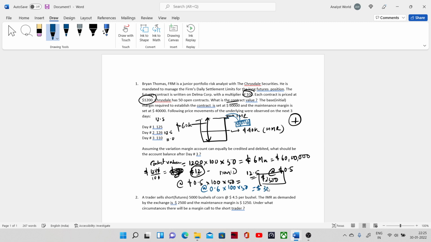Right. So in day two, this extra $3,000, in addition to the first day's $2,500, is going to be credited to the long's account.